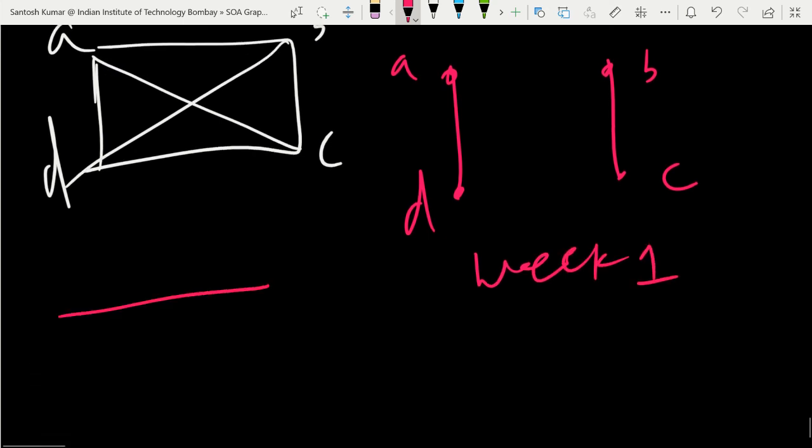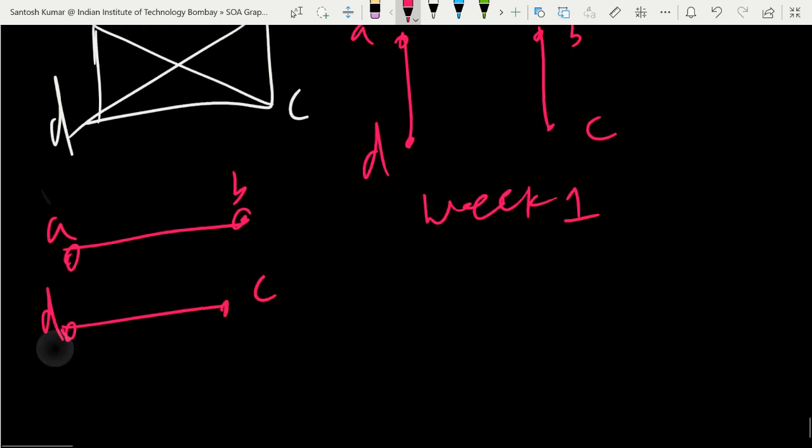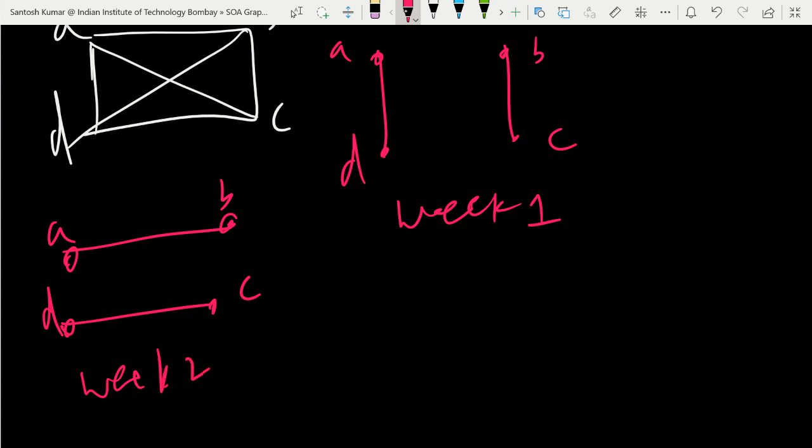In the second week, you can have a match between AD and BC. So week two you can do this. And what about the third week? Third week you can do a match between AC and BD.